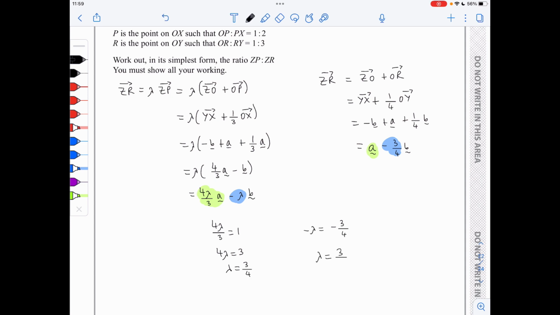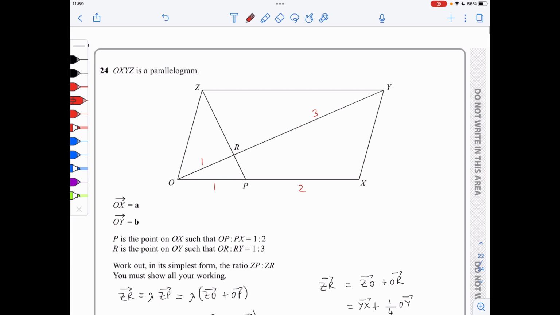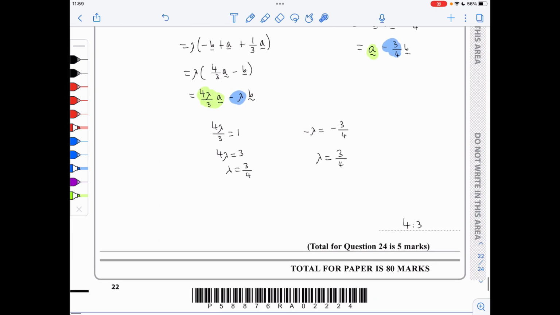So in both cases, we've got an agreement. So this means that to go from Z to R is 3/4 of going from Z to P. So if this is 3, then this is 4, which means that this is 1. So we're looking for the ratio of ZP to ZR. ZP is 4, ZR is 3. So our final answer here should be 4 to 3.